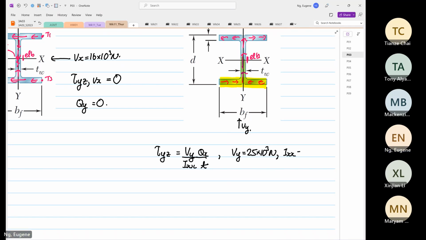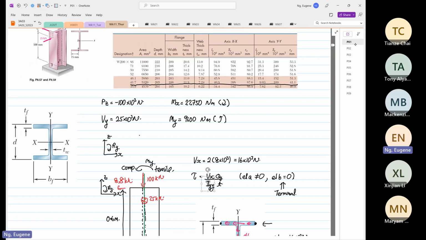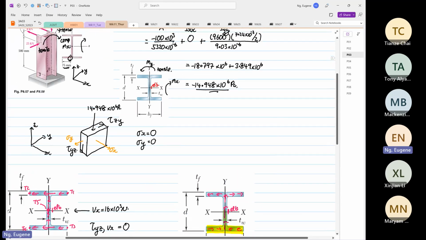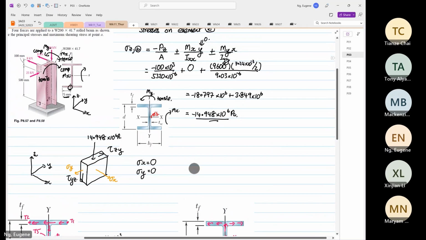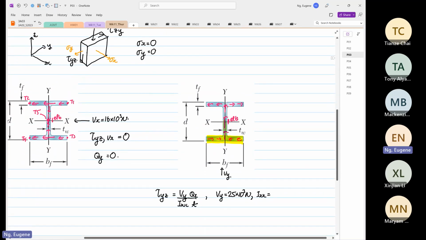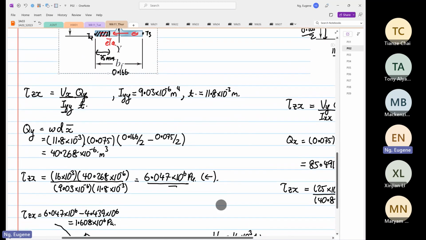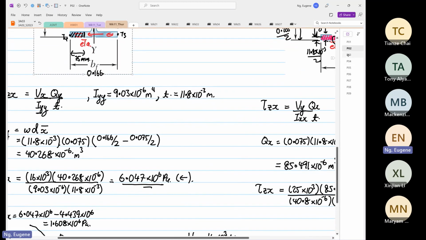Ixx is equal to 40.8. Did I use 40.8? I want to be sure that I did use 40.8. Yep, 40.8.